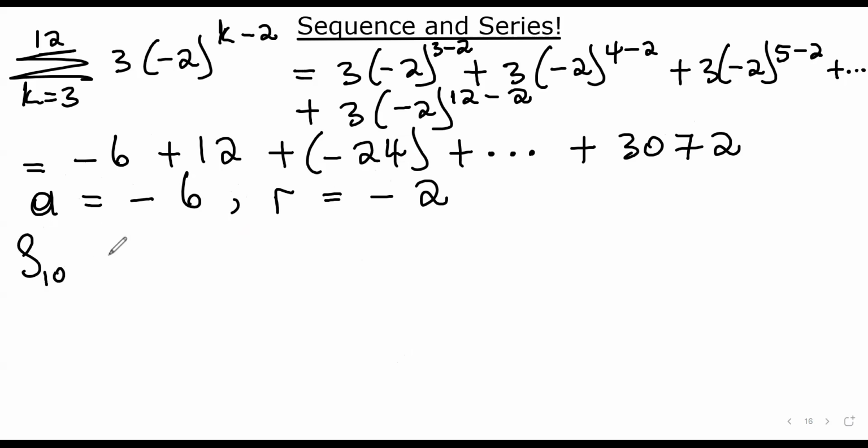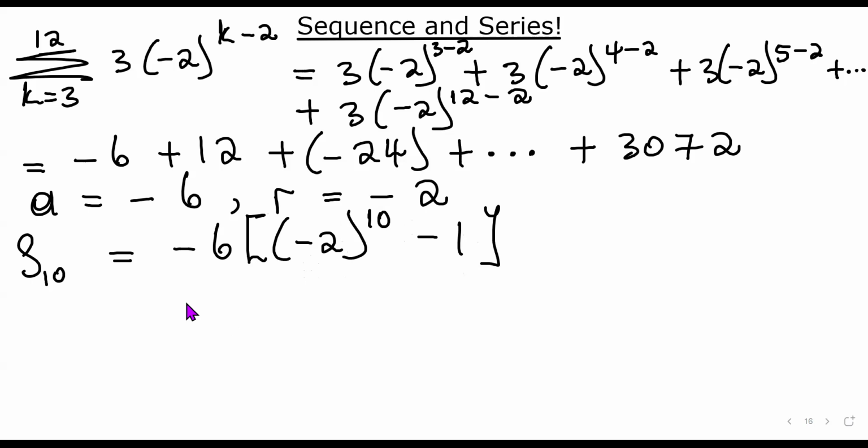So now we can go ahead and say, in order to find the sum of 10 terms, we need to have the first term, which is -6, times the constant ratio raised to the number of terms, then minus 1.